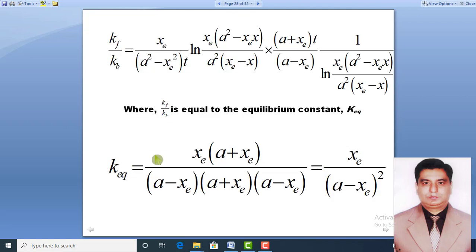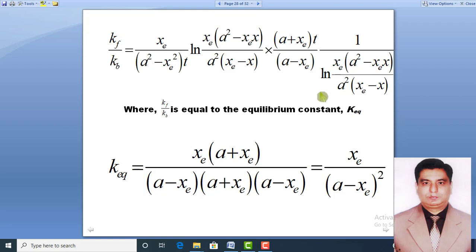So if we divide the equations, the values of kf over kb can be written as follows in mathematical form. When you divide kf with kb, it will be equal to xc over a square minus xc square into t log natural xc into a square minus xcx over a square into xc minus x into a plus xc t over a minus xc minus 1 over xc into a square minus xcx.